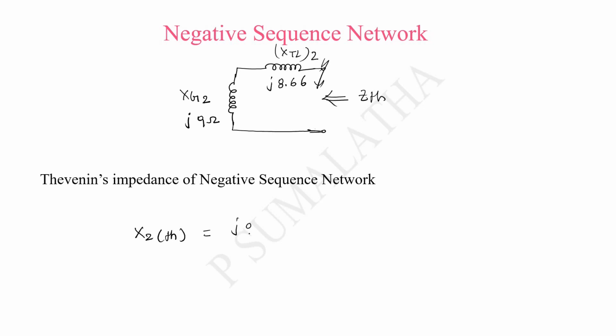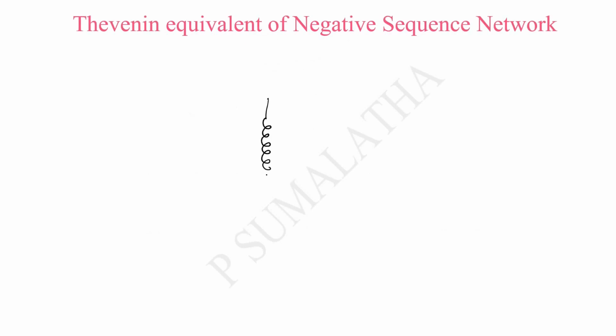So J9 ohm plus J8.66 is J17.66 ohm. The Thevenin's equivalent of the negative sequence network is nothing but the Thevenin's reactance we have determined, X2 Thevenin, equal to J17.66 ohm.